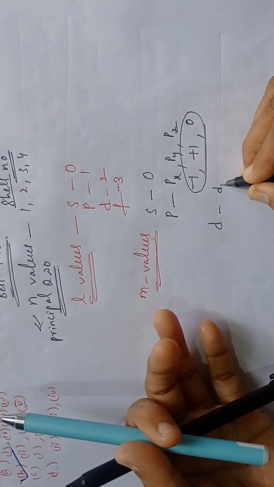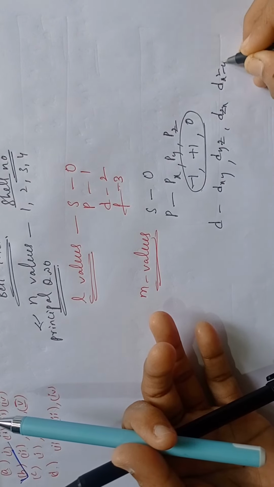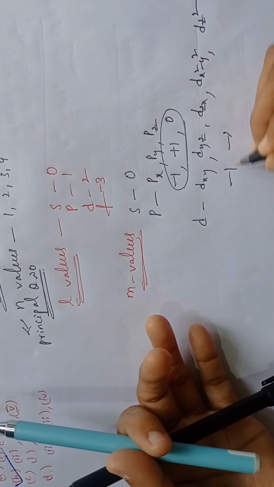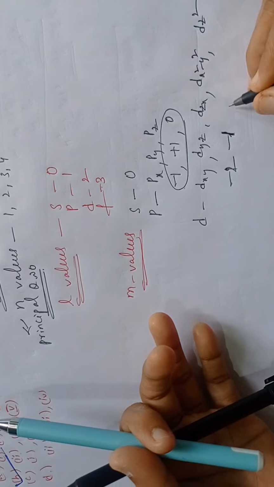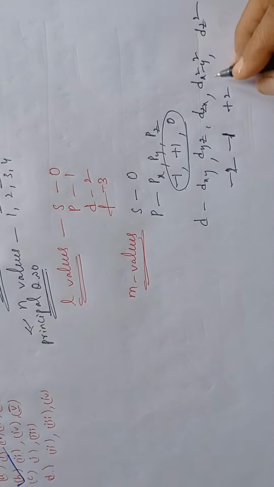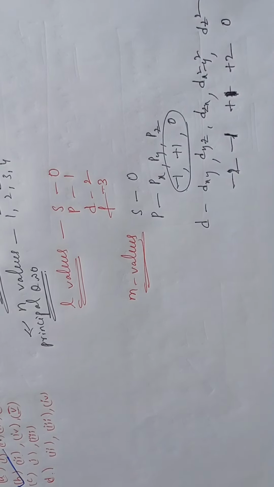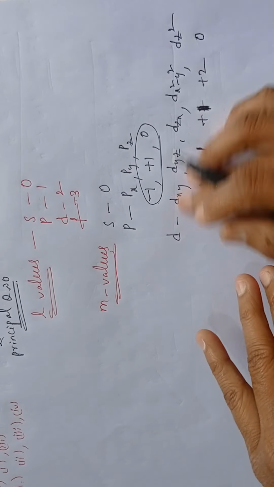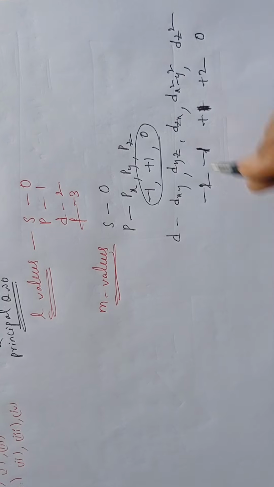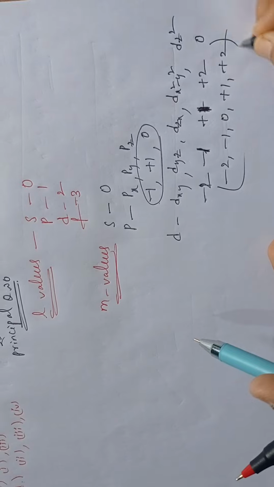In the d subshell, dxy, dyz, dzx, dx square minus y square, and dz square will be there. The values are -2, -1, 0, +1, +2 for the d subshell.